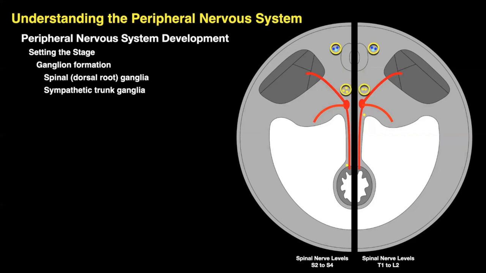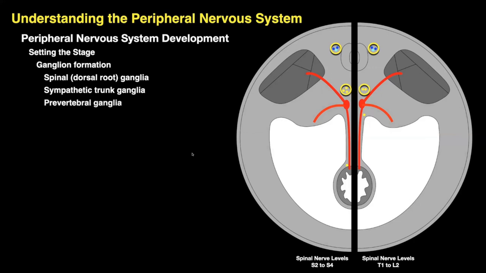So that sympathetic trunk, which would be moving in and out of our picture here, has ganglia all along the way, right? So these become those sympathetic trunk ganglia. And those are cells that are migrating to the smooth muscle in blood vessels that are headed back into the somite.